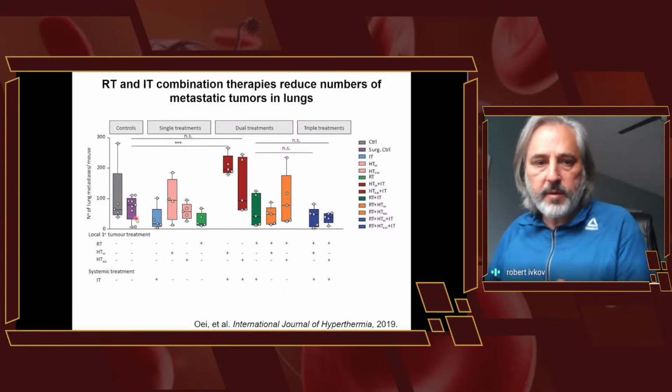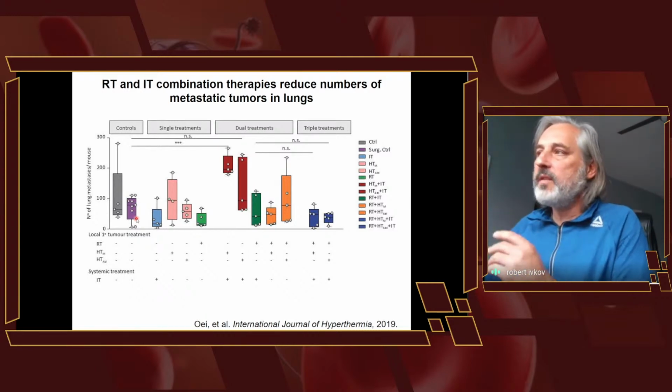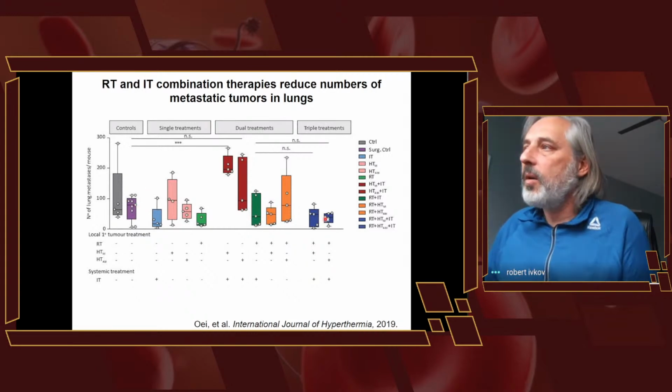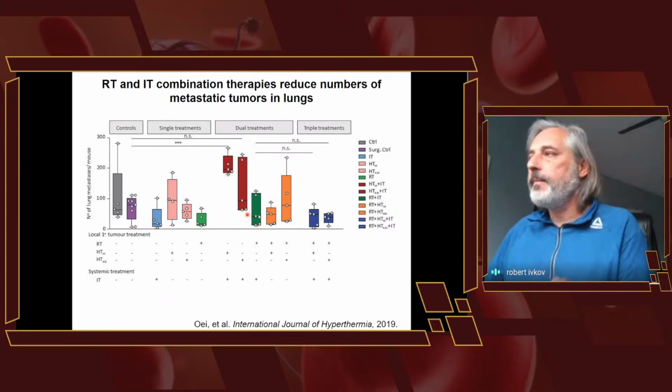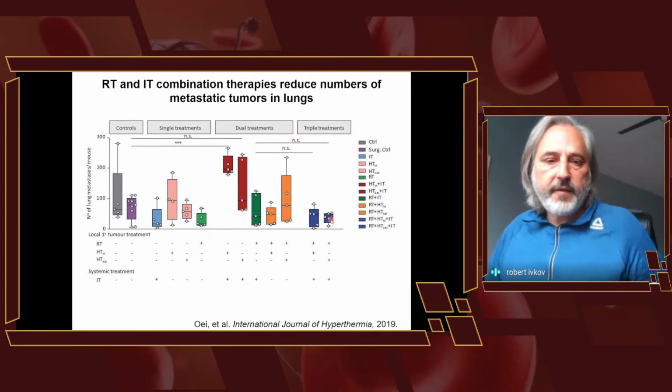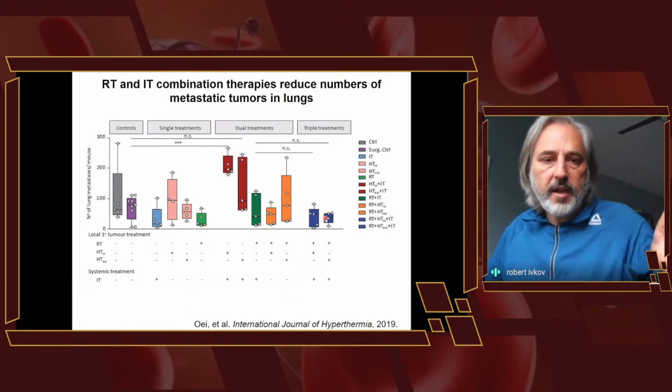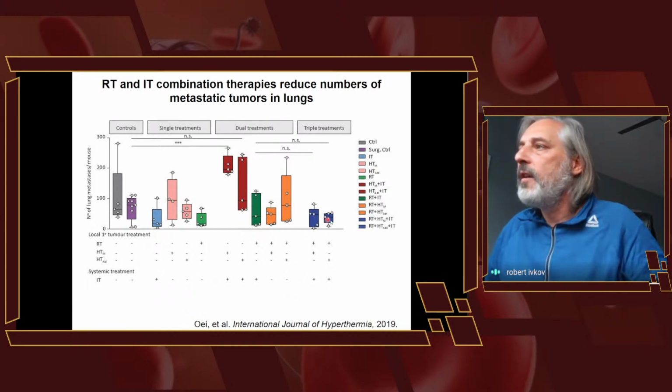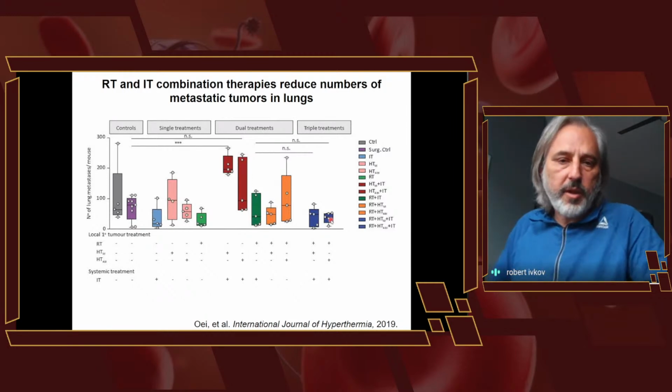And I think that's important because in this case, we are not yet able to distinguish between the reduction in metastases from simply killing off the cancer cells in the primary tumor versus the immunologic effect.